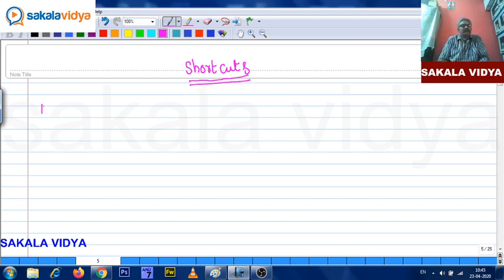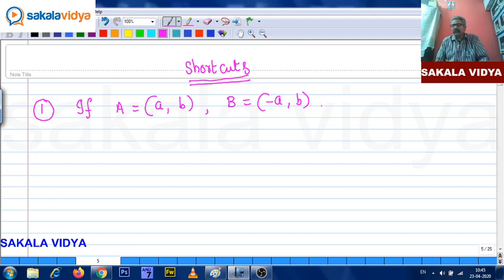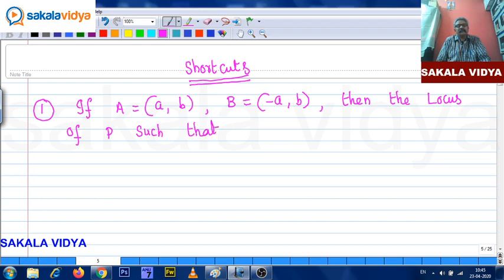So, first shortcut, if A is equal to (a, b), B is equal to (minus a, b), then the locus of P such that PA plus PB is equal to K. This is very important problem.